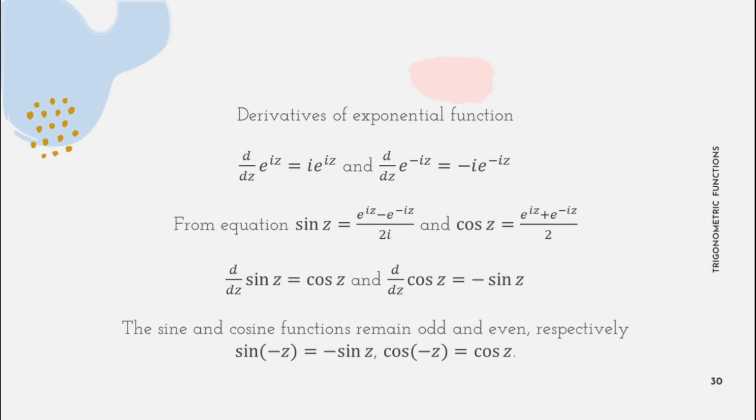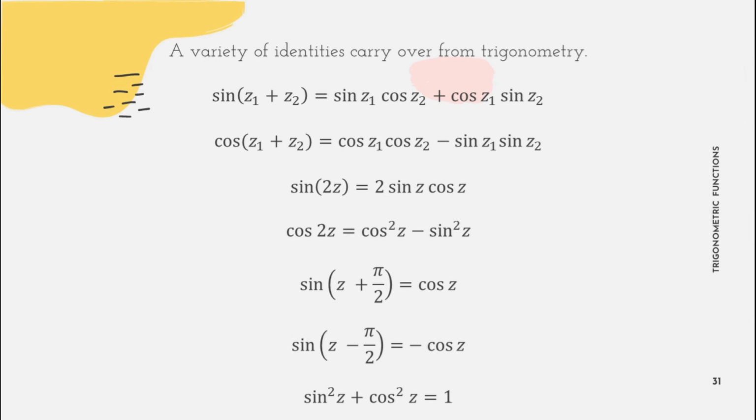The sine and cosine functions remain odd and even. So sine minus z is equal to minus sine z, and cosine minus z is equal to cosine z. A variety of identities are also carried over from trigonometry.